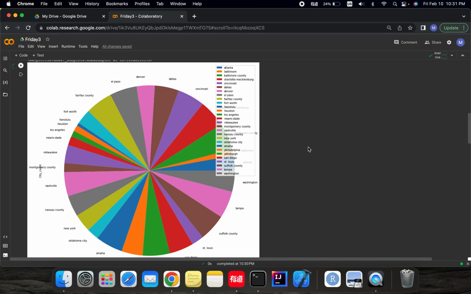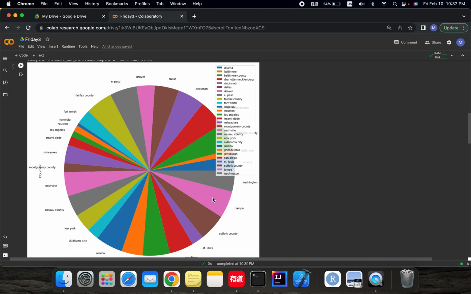So you see, even though there are so many cities, the area of each city represents how often, the frequency, that this city's crime is above the average. Which means, if there is a year when this city's crime is bigger than average, it will appear one time on the pie graph.